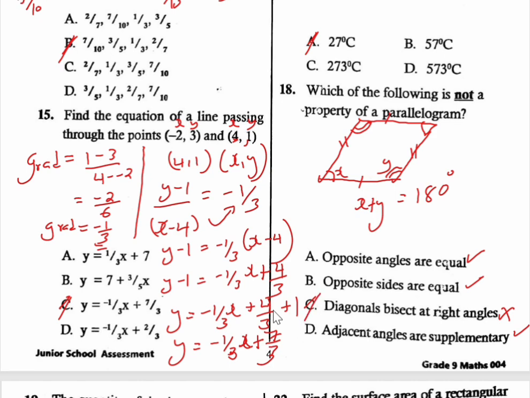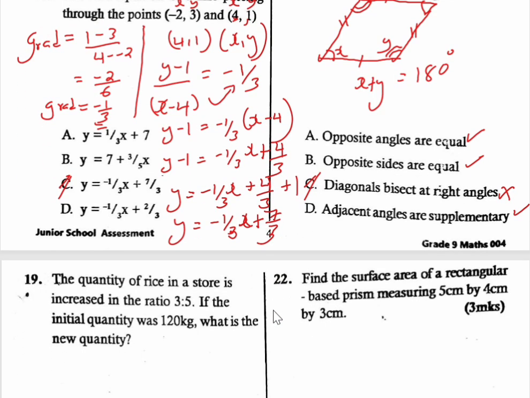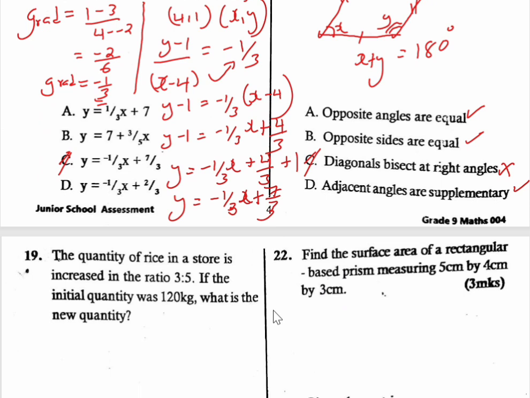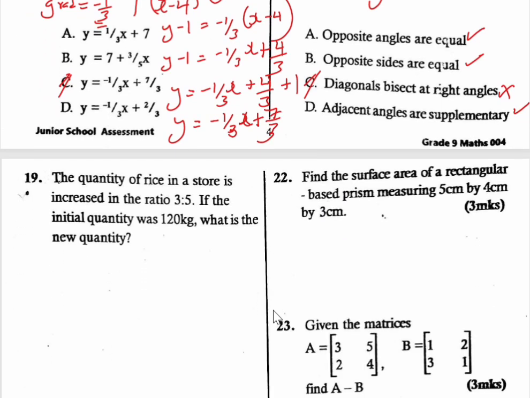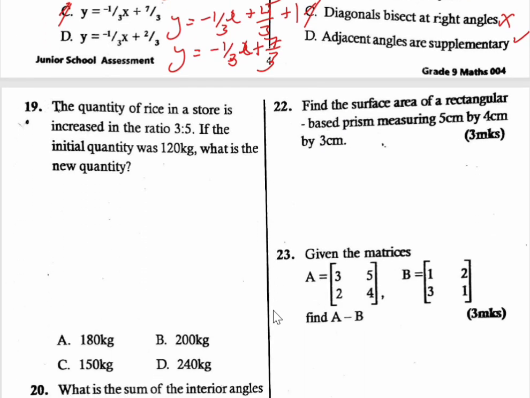We continue to question number 19. The quantity of rice in a store is increased in the ratio 3:5. If the initial quantity was 120 kilograms, what is the new quantity?